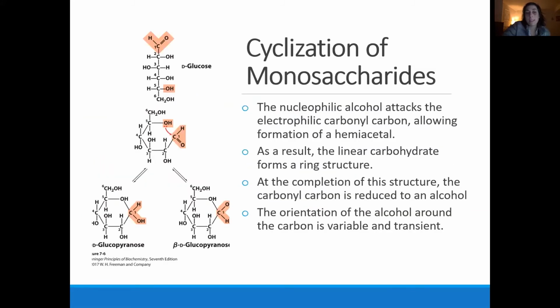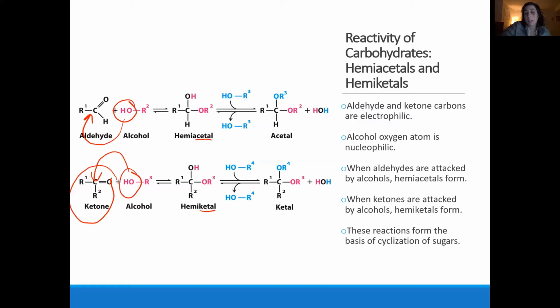The way that this reacts to make an actual ring in a sugar is because the aldehyde or the ketone and the alcohol that are reacting are on the exact same structure. So instead of two separate molecules, an alcohol that attaches to an aldehyde, this is all one structure.